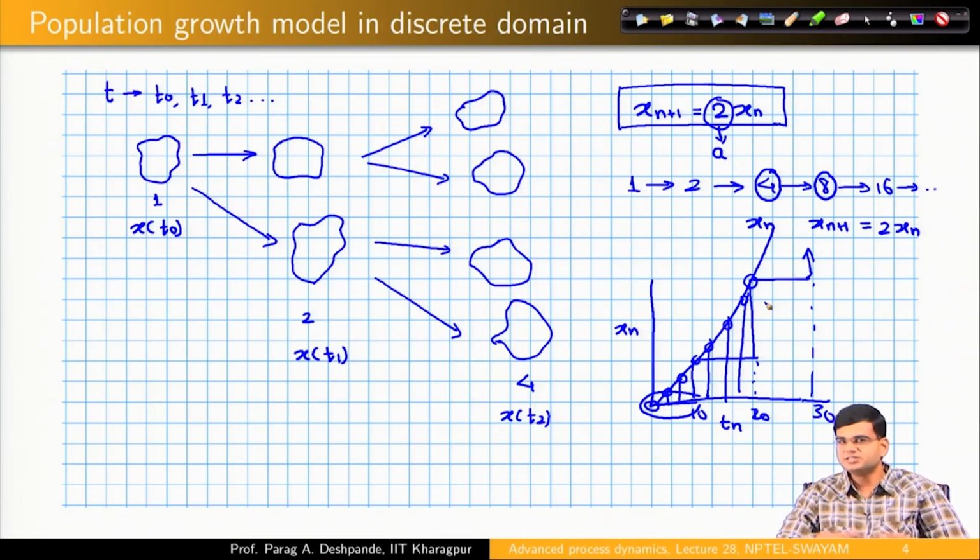But then if you have a large number of bacteria which are at different stages of their maturity, then the interval of time between these events of division will become smaller and smaller, and therefore, you can approximate a discrete event by a continuous event in case n is very large.